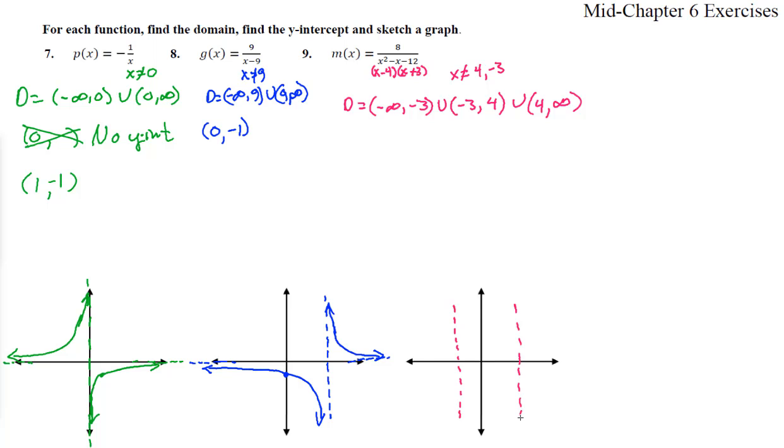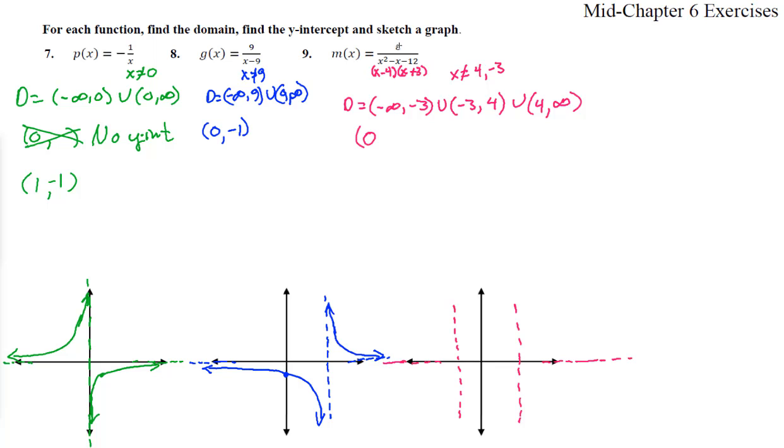We have 2 vertical asymptotes, so this thing is going to look very different in a sense. We also still have the same horizontal asymptote, though. If we stick in big numbers down here, we're going to head off to 0 as we head off to the left and to the right. And y-intercept, we need the y-intercept.